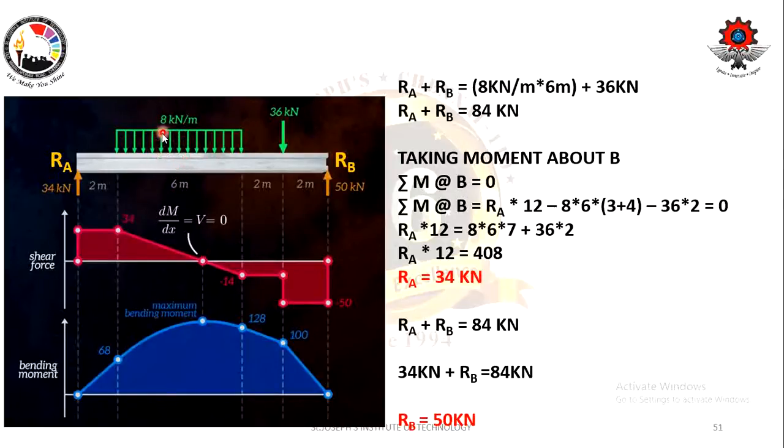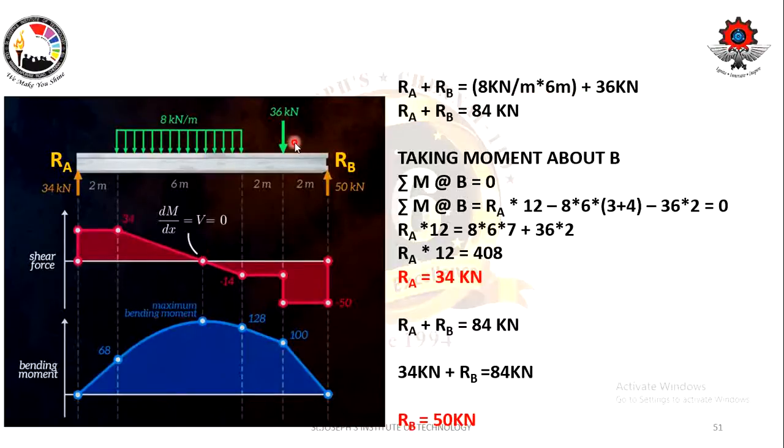We have a magnitude of 8 kilonewton per meter, so for 6 meters we multiply it: 8 kilonewton per meter into 6 meter gives the point load, which acts at the center of this 6 meter distance.